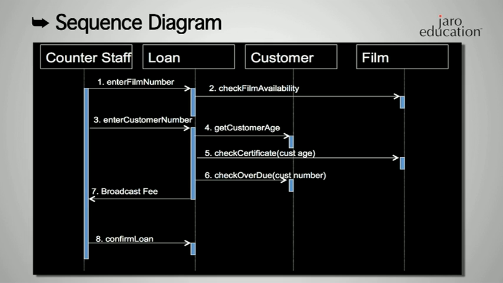Then it enters the customer number, and it goes and checks whether it's a valid customer or not, gets the details, checks whether the customer has any pending dues, so whether the customer has taken a video earlier and not returned it, or not paid any fines and so on. It checks all that. If everything is okay, then it broadcasts a fee, that is, shows the fee to the customer, and then a payment is done, and everything is done. So you can get into as many details as you want in a sequence diagram.